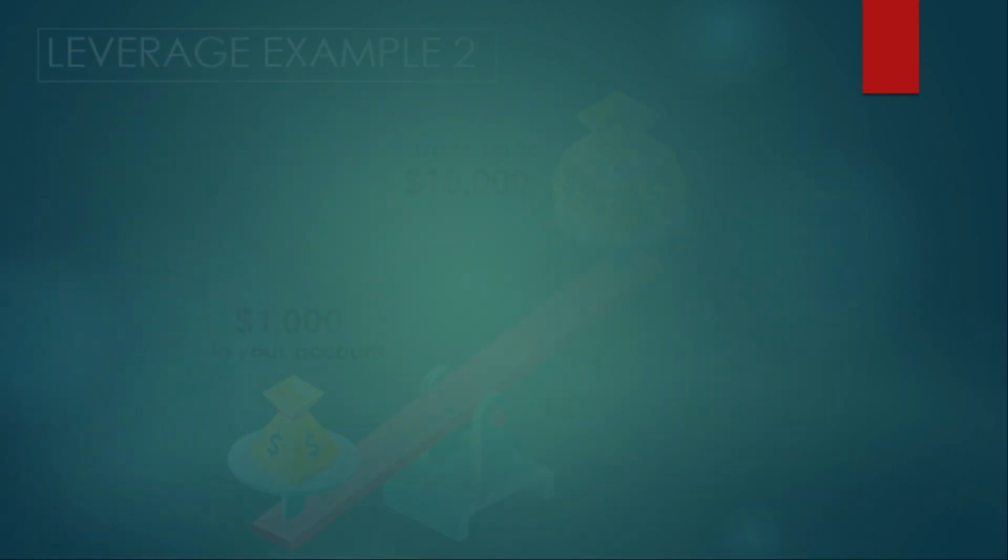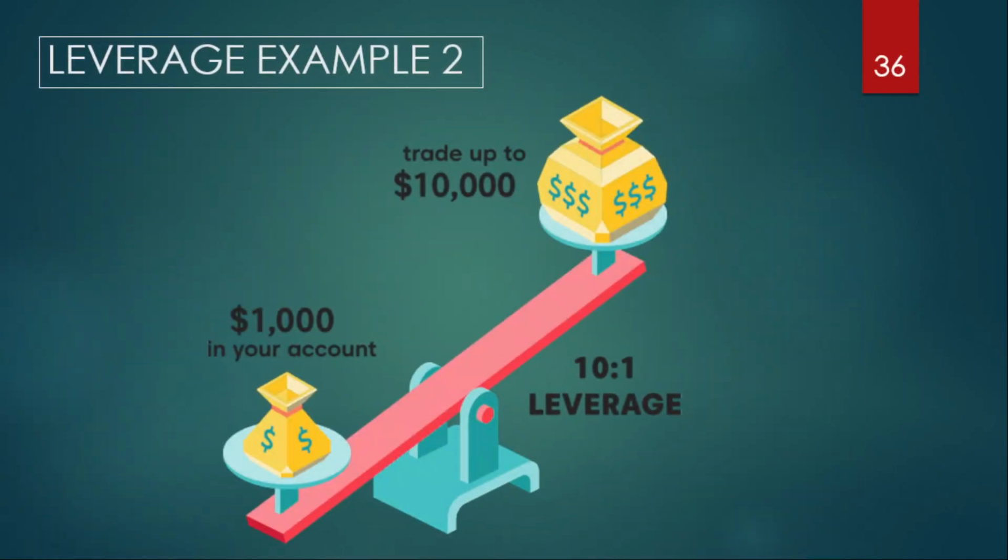So this is another example. Suppose you have $1,000 in your account, and I want to make an example of leverage. Suppose you are using a leverage of 10 to 1, or 1 to 10, however you may put it. And this is a seesaw.